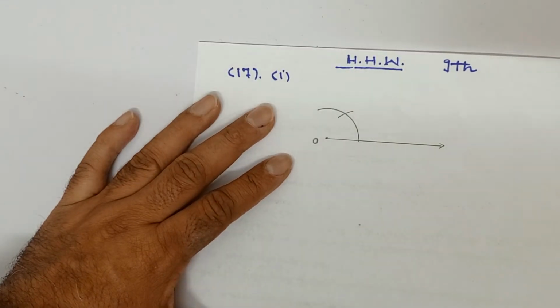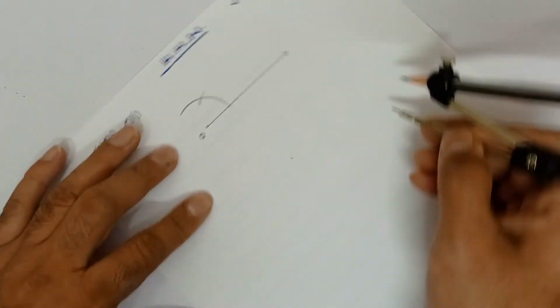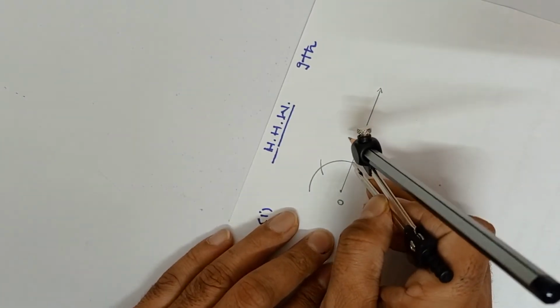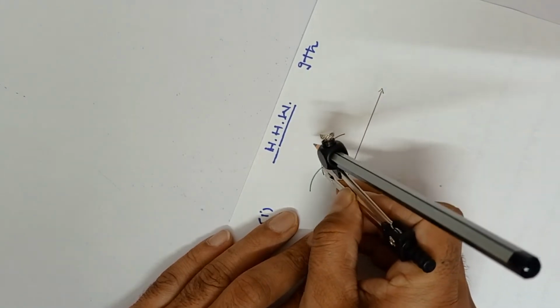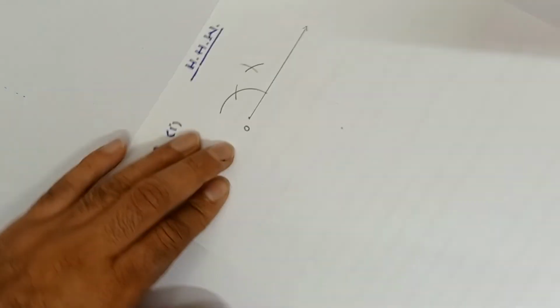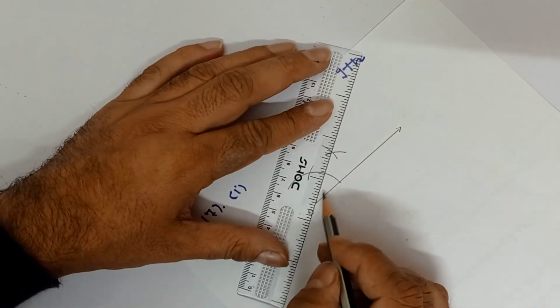So which angle is asked here? 30 degree. So we need not draw the line for 60 degree. You need to bisect 0 from here, one arc, and this is 60 from here, another arc. So this angle is now 30 degree. Join it.